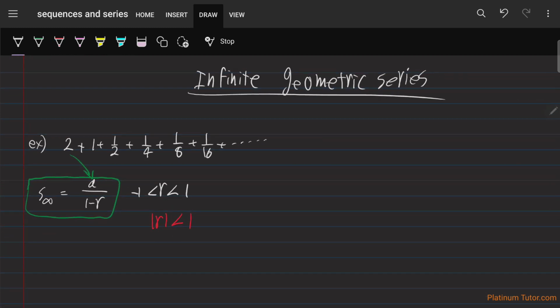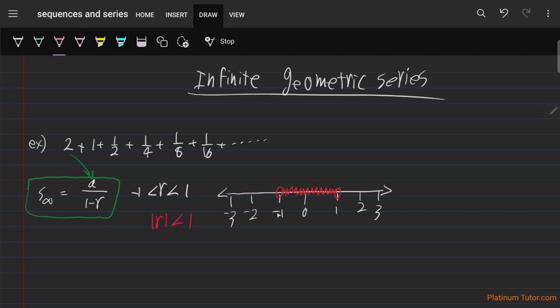So just to make sure we have a good visual understanding of this, if this is a number line, and we have these numbers, the common ratio can be any number between -1 and 1.